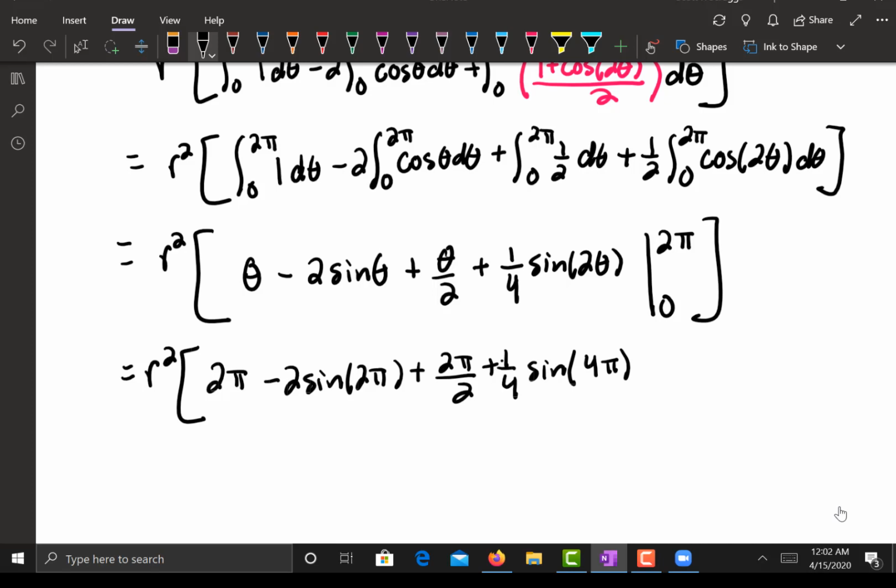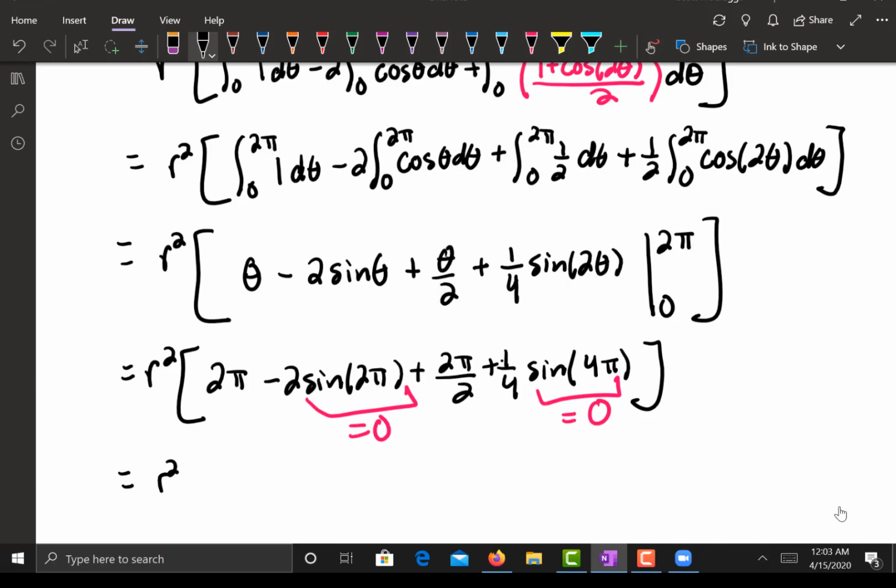And then plugging in 0, I'll get 0. Well, sine of 2 pi equals 0. Sine has a period of 2 pi, which means sine of 4 pi is equivalent to sine of 2 pi, so that equals 0.